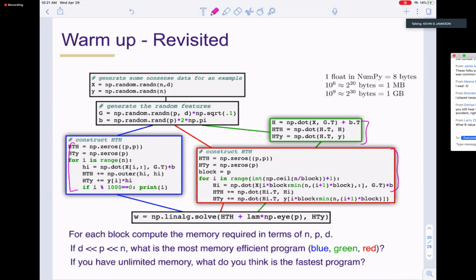What I can do is I never need to instantiate either the H matrix or the H transpose H for any size. What we just proved was that I can do this because this is just doing least squares, right?